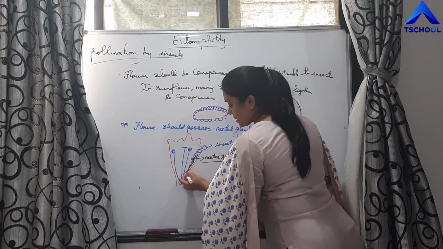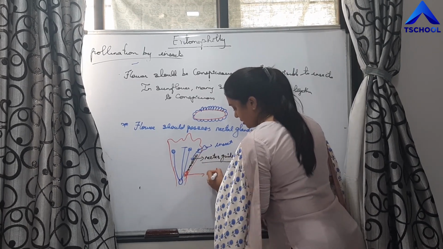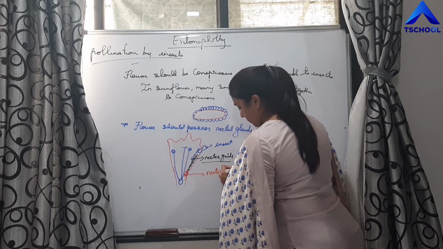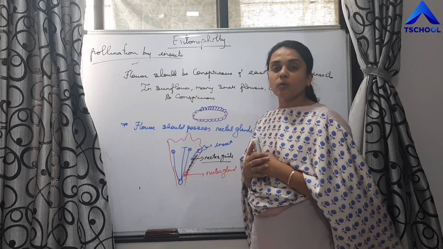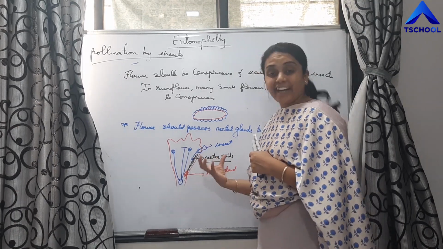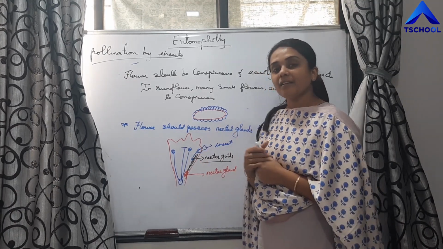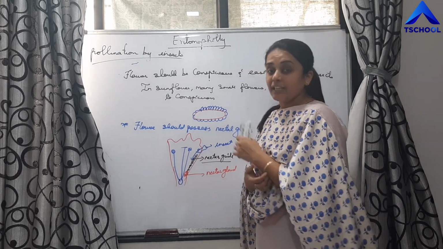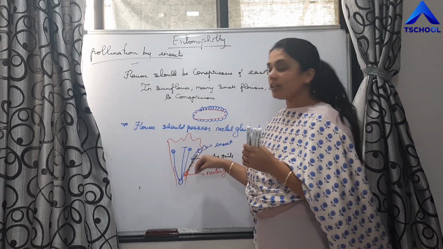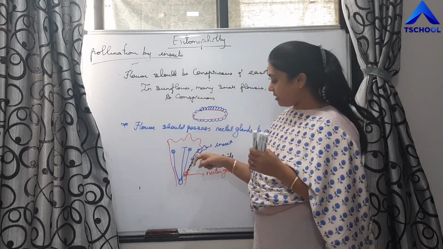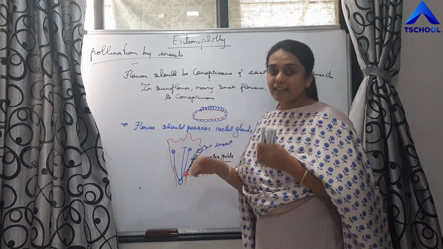Say this is the nectar gland. So insects are coming towards the flowers for the nectar. They want to suck the nectar from the nectar gland. So that is the purpose of the insect. When the insect is getting into the flower for sucking the nectar, the nectar guide is guiding the insect.